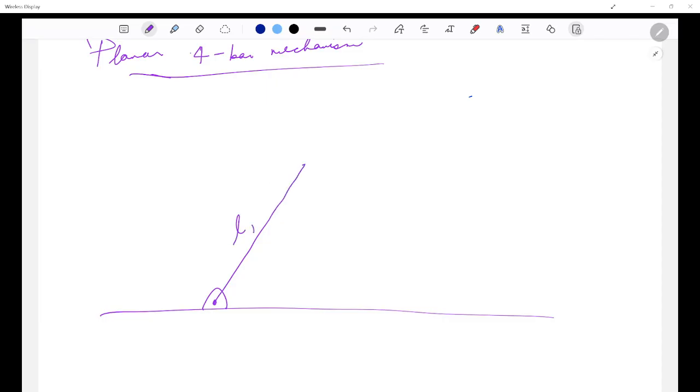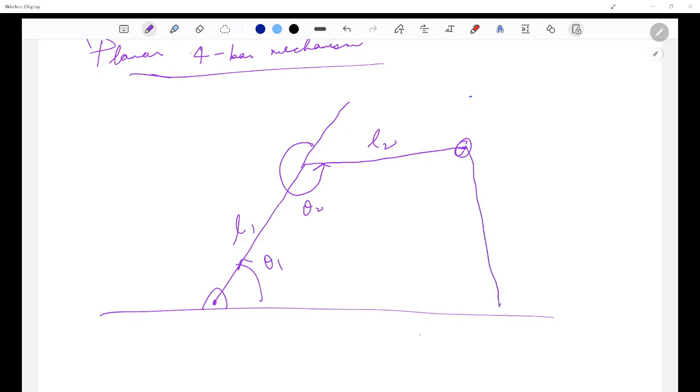Let's call it L1. Then there is another link which is L2, and let this angle be theta 1, this angle be theta 2. Then we have another revolute joint here, and then we have link 3. So this is a 4-bar mechanism, and for this we can define the angle.